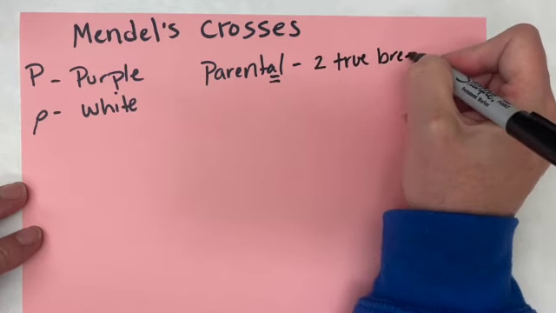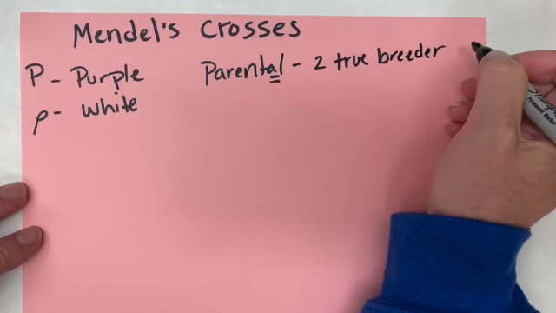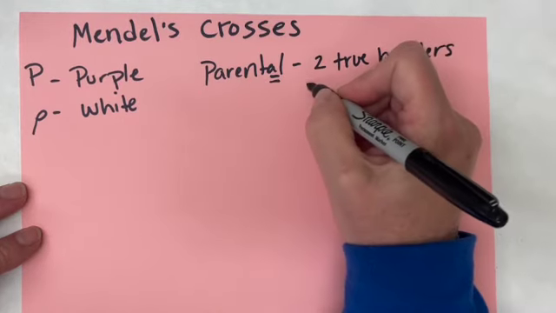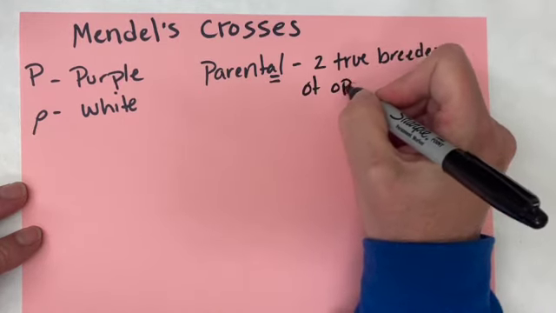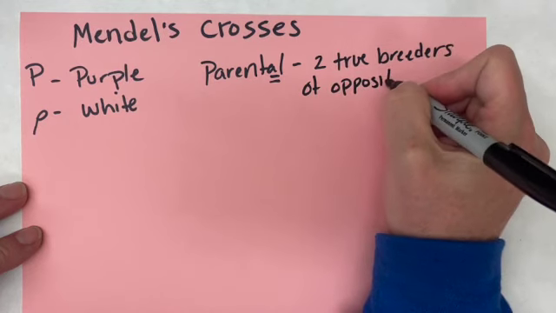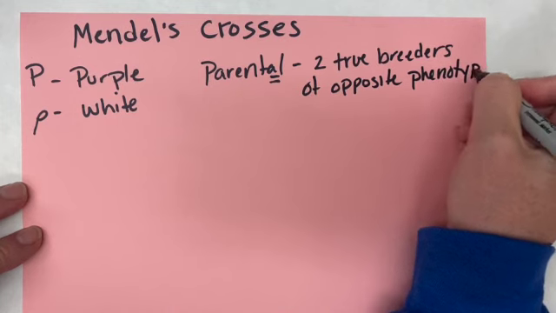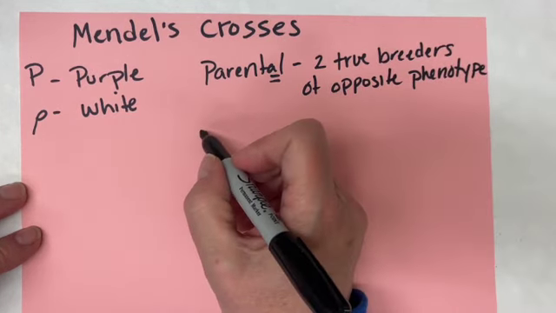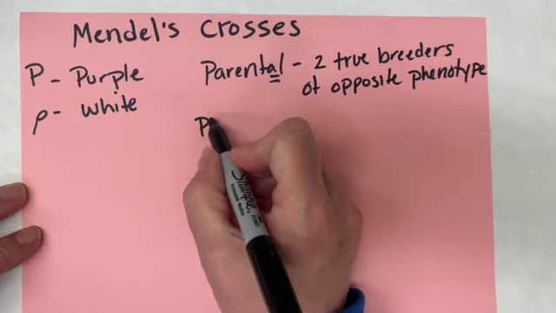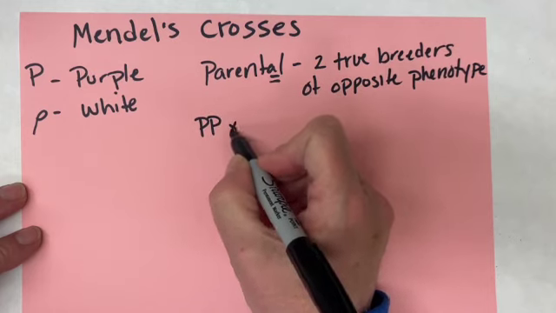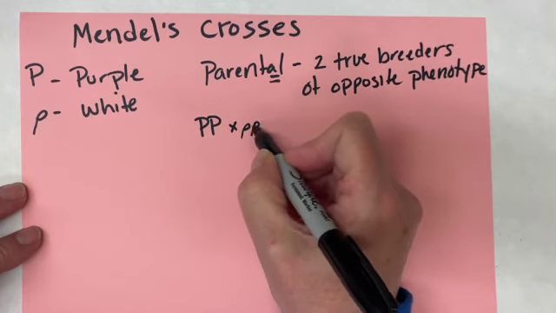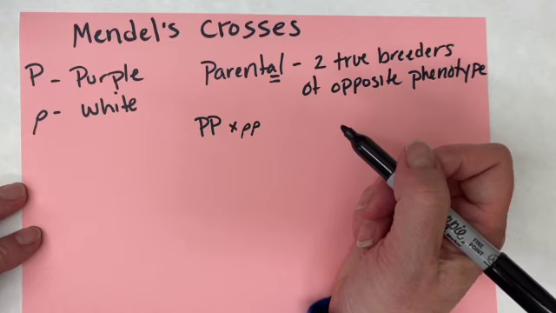Now, another word for true breeder is homozygous, of opposite phenotype. So in the cross of the flowers, he would have made sure that he had a purple plant that was a true breeder, and he would have crossed that with a white plant that was a true breeder.